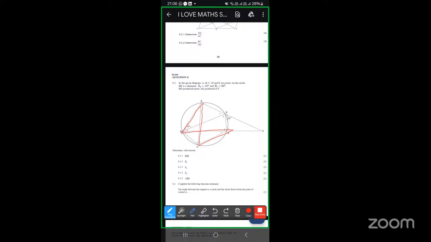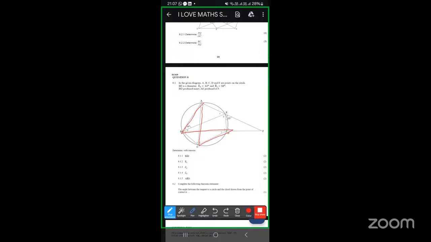Then now I'm asking you, what is the size of angle C2? We used this theorem a lot, especially today.